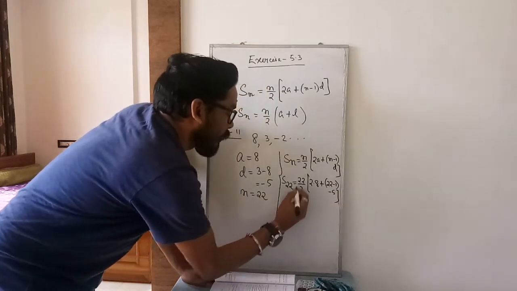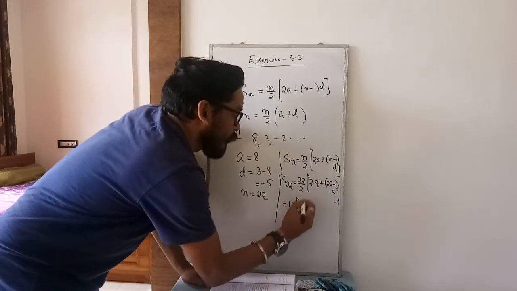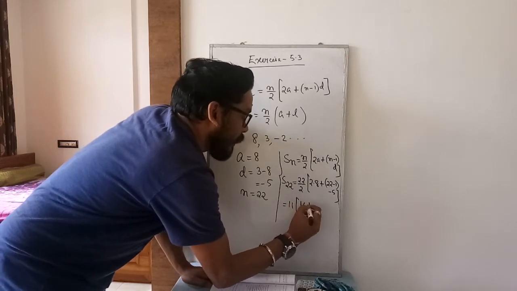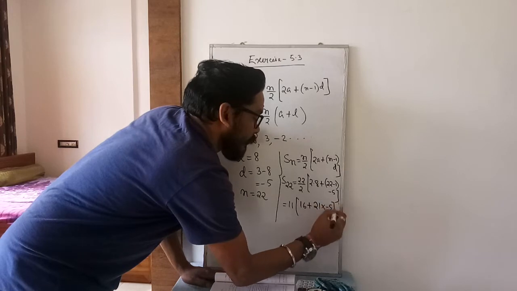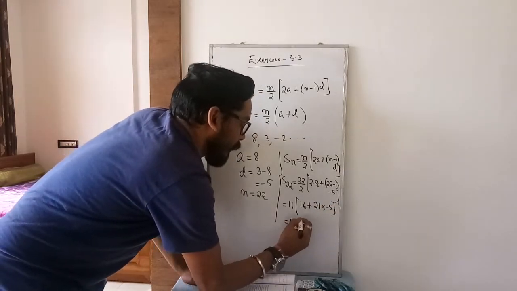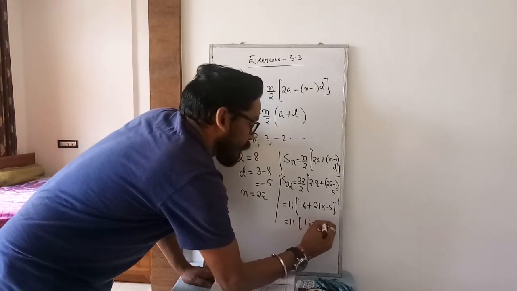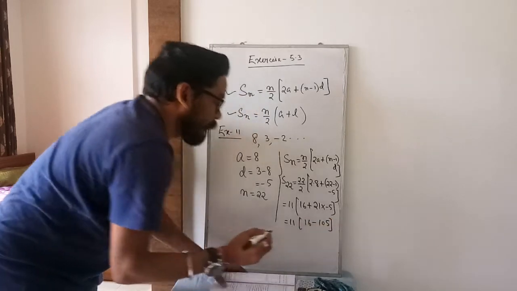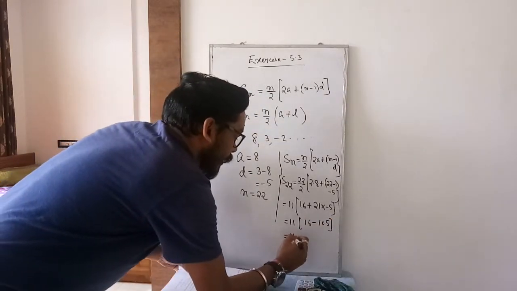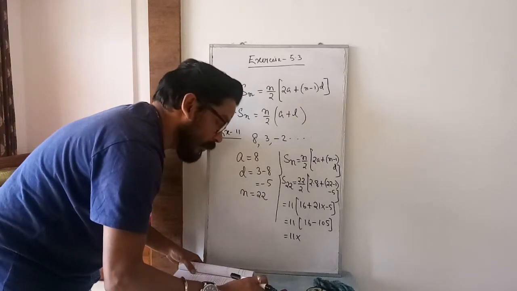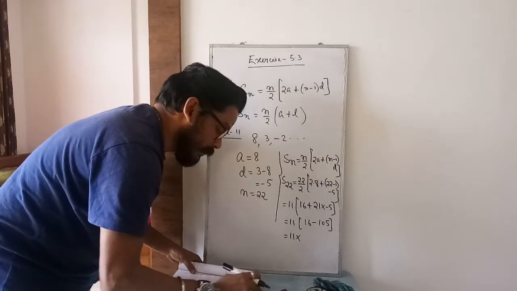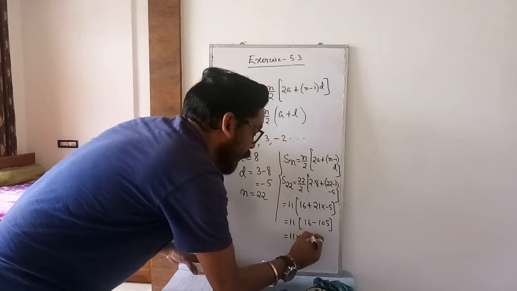So here you got 11, and inside you got 16 plus 22 minus 1 is 21, 21 into minus 5. So you got 11 into 16 minus 105. 16 minus 105 you will get minus 89.